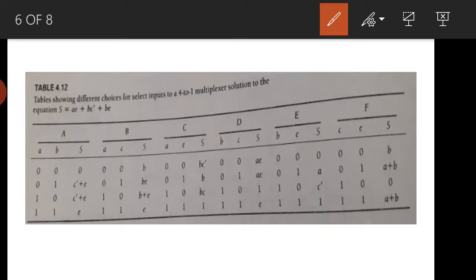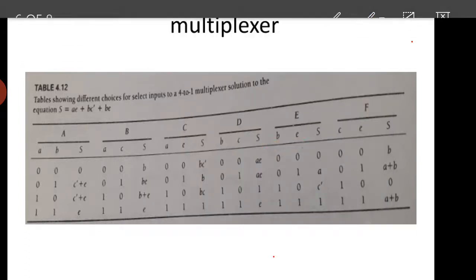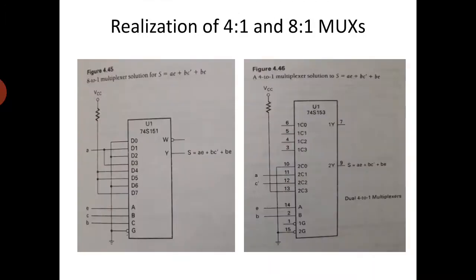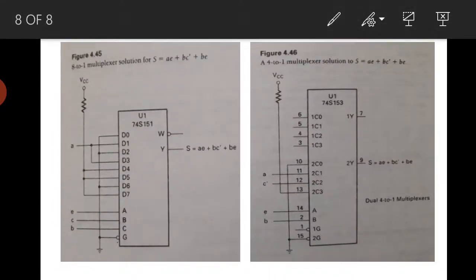Whenever 0 0 it is 0, 0 1 it is A, and 1 0 it is C bar, because B is the input, and A and C are the input variables. If you remember, B, C, E will be selected as the variables.